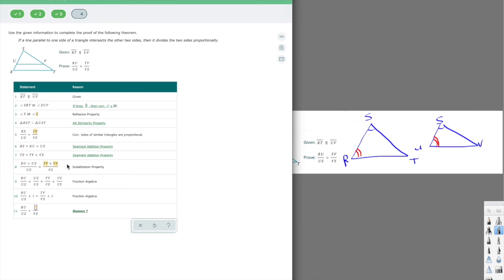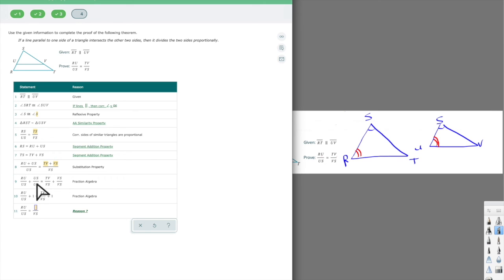Alright, so then down here it says fractional algebra. Now they're showing us we can split these so that they're both being divided by US, and both being divided by VS, so they're just splitting that apart. And then all of a sudden we have ones here instead of US over US and VS over VS. Well, anything divided by itself is 1. Even though it's a segment and we don't necessarily know what it is, it's the segment divided by itself. So anything divided by itself becomes 1.